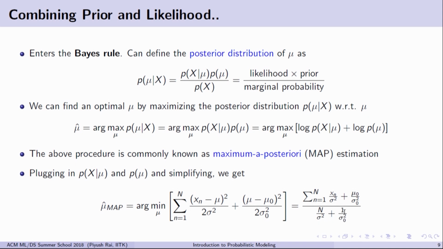That's our MAP estimate of the parameter that we are trying to learn. As you can see, if we have lots of observations, then the second terms can be ignored, and you can actually just have the maximum likelihood-like solution. But if you don't have enough observations, then it's important to have these terms here. Any other questions on this part?